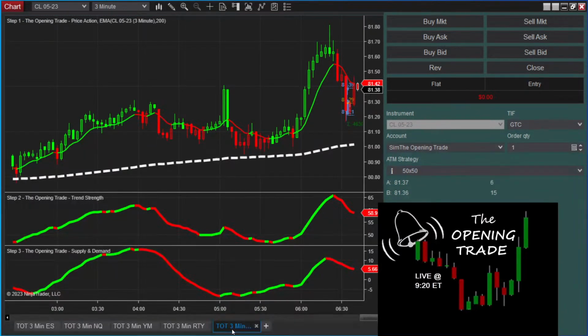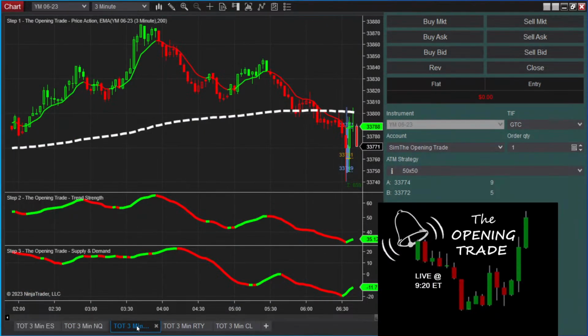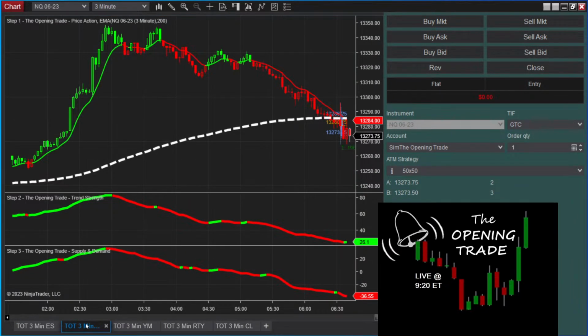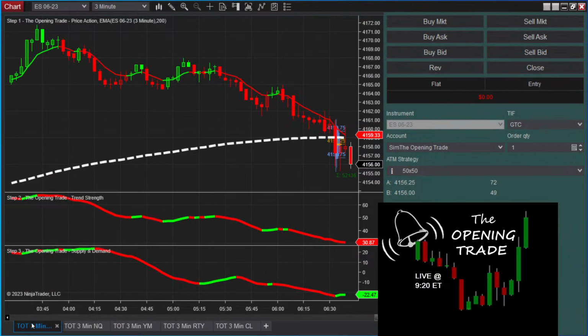So crude oil is still doing its thing. The Dow Jones is very close to the 200 period EMA. So we could potentially see NASDAQ and S&P fire off in less than a minute.